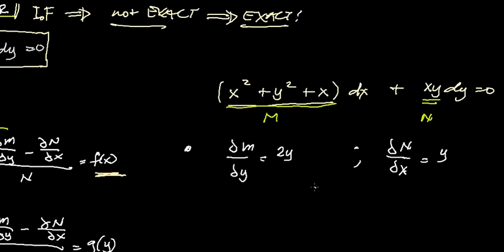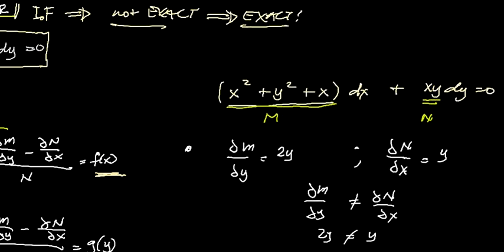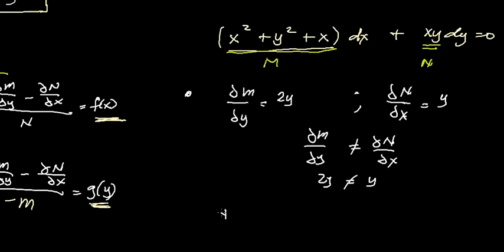As you can see here, 2y is not equal to y, so the given equation is not an exact equation.